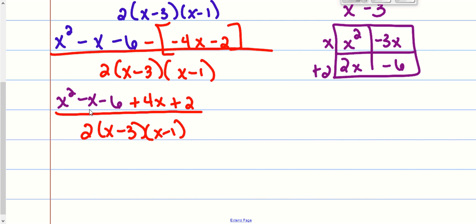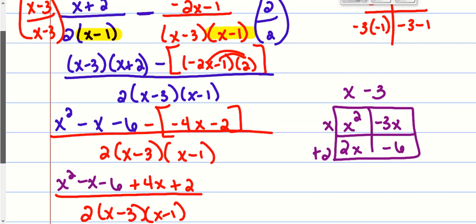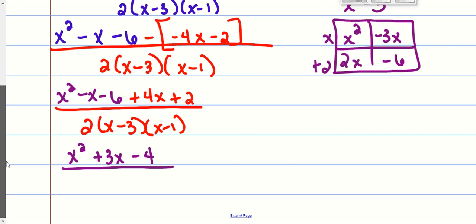Simplify your top. We have an x squared. We have a negative x and a 4x, which is going to give us positive 3x. We have a negative 6 and a positive 2 is going to give us a negative 4. And on the bottom, we have 2 times x minus 3 times x minus 1.